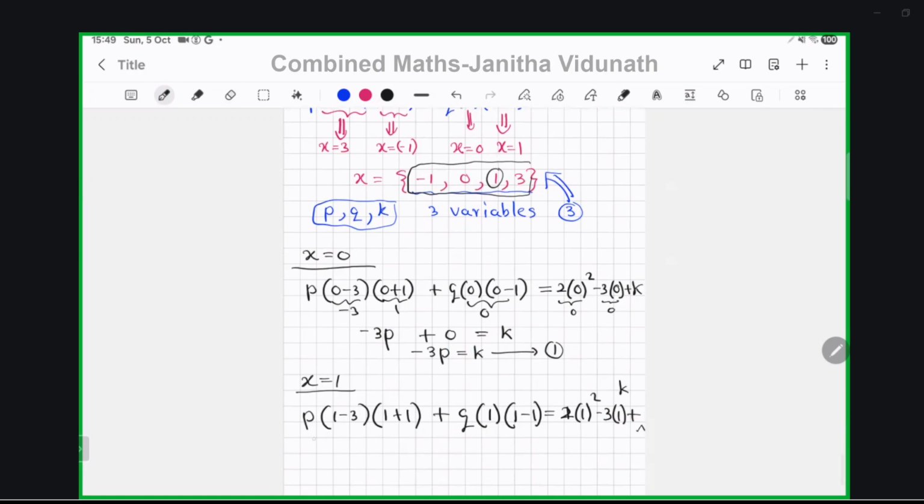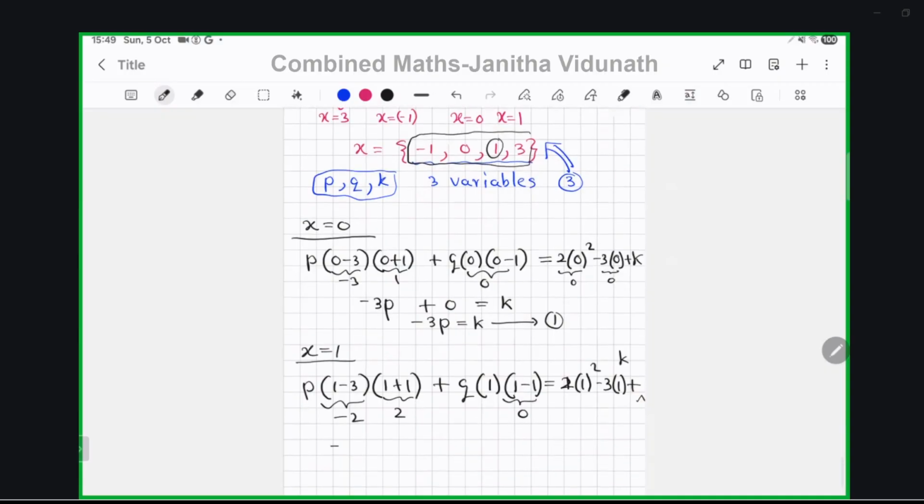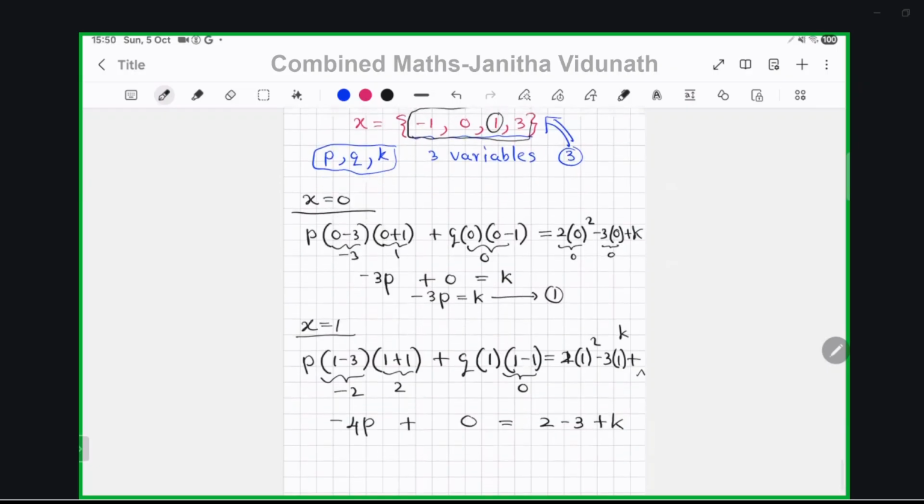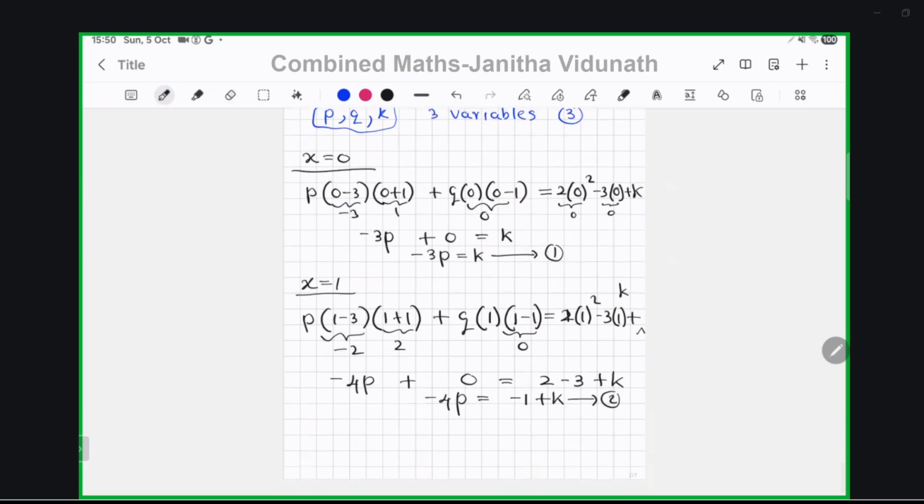From here we get minus 2. From here we get plus 2. From here we get 0. That means finally we have minus 4p plus 0 is equal to 2 minus 3 plus k. That means minus 4p is equal to minus 1 plus k. This is our second equation.